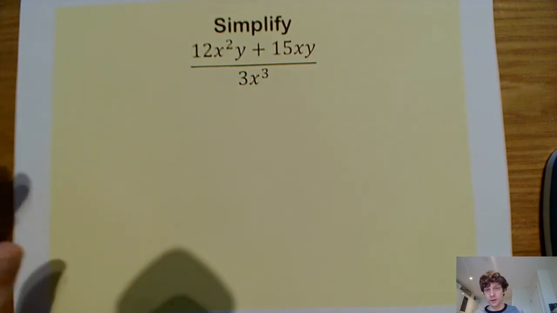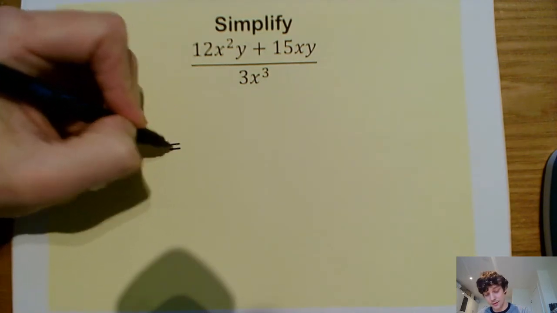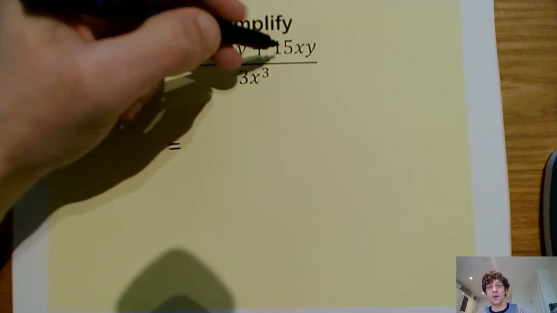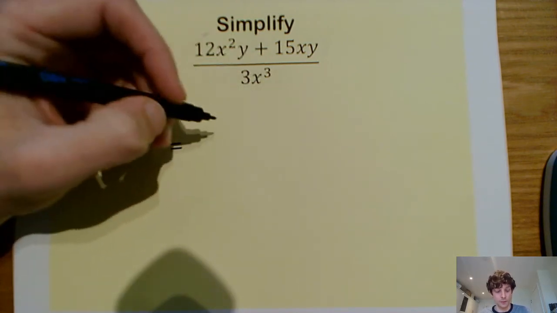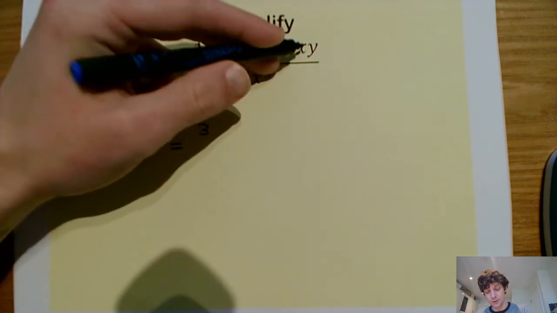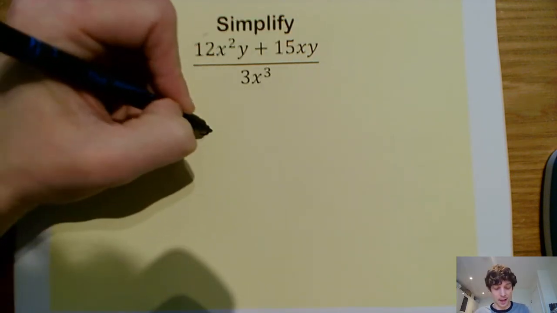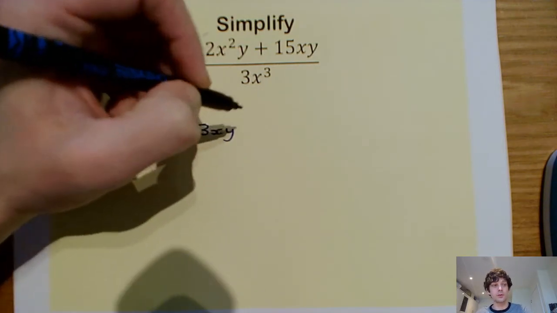Okay, this looks probably a lot more complicated, but it's not. It's exactly the same idea. So I'm going to focus first on factorizing my numerator. 12 and 15, they have a common factor of 3. X squared and x, I can get x out of both of those, and I can take a y out of both of those.